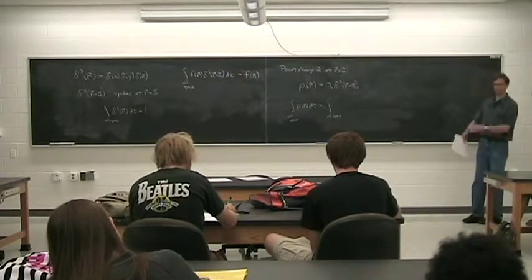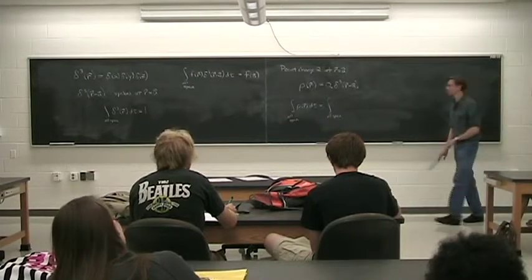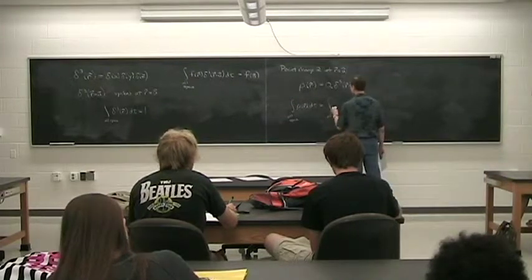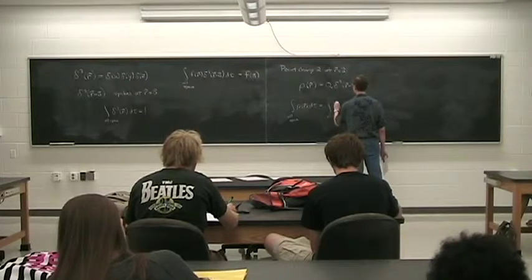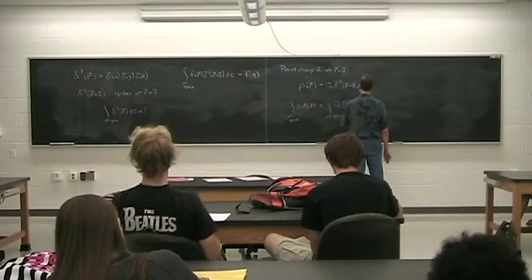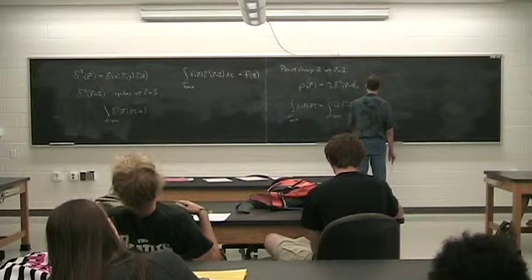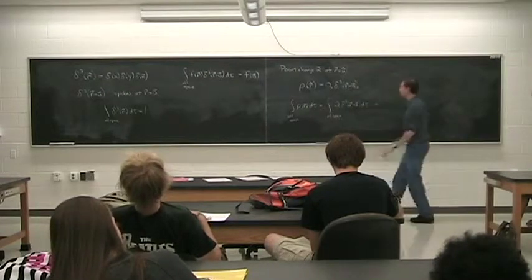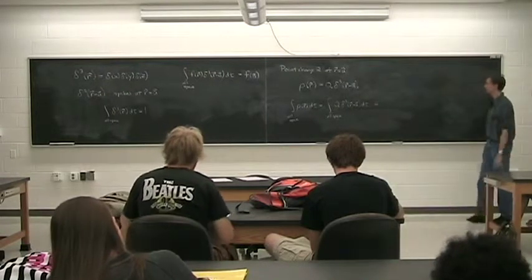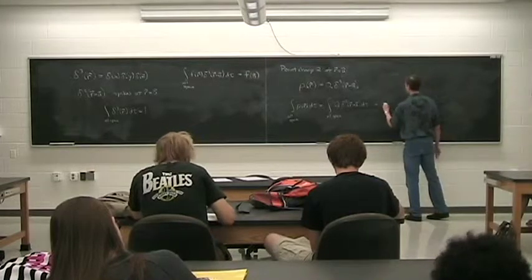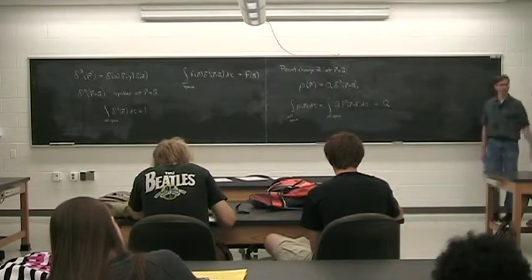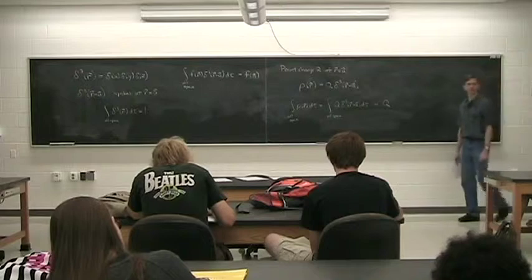All space works, but any volume that encloses the charge works too. If I do the integral, then I'm doing q times the Dirac delta function. And q is a constant that can be pulled out of the integral. The integral itself is equal to 1. And so you just get q.